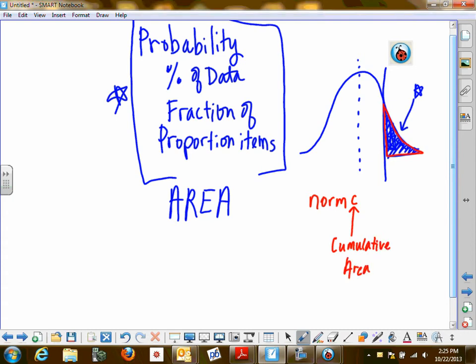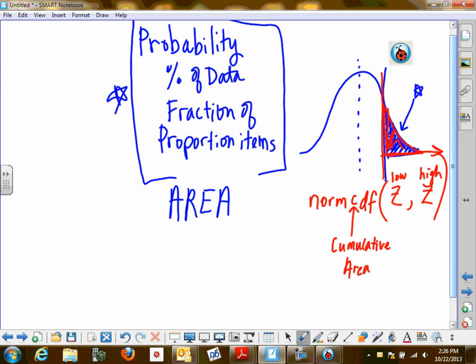So when you want an area, you are using the norm CDF from the lowest z-score to the highest z-score. Okay? And so in this case, my lowest z-score is wherever this is located, and my highest z-score is way out there at infinity.